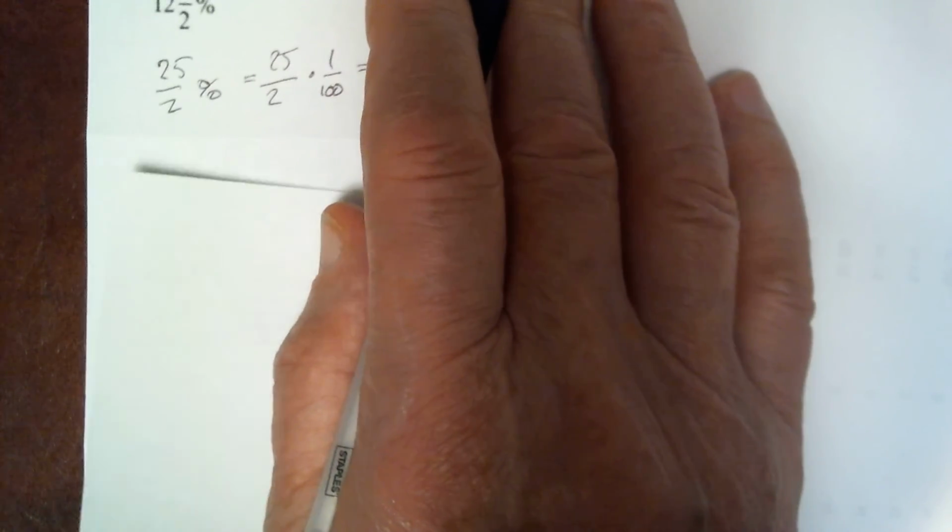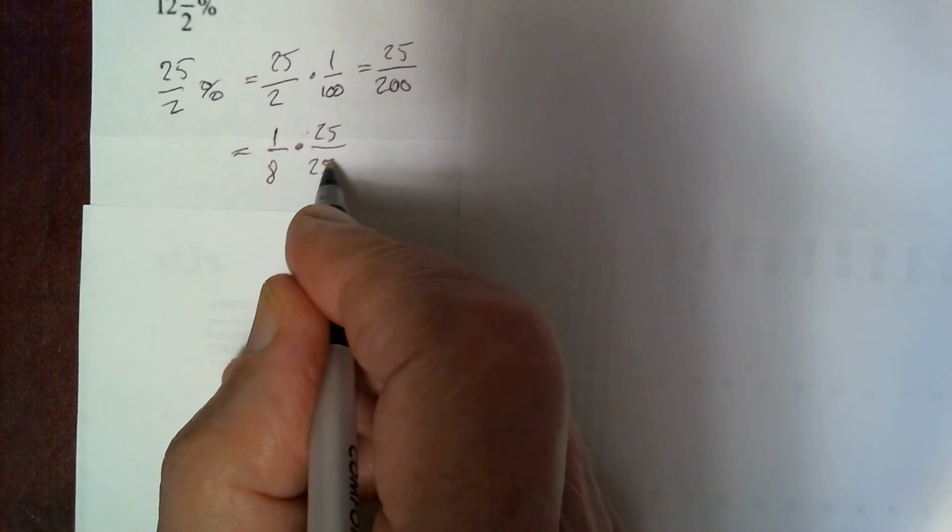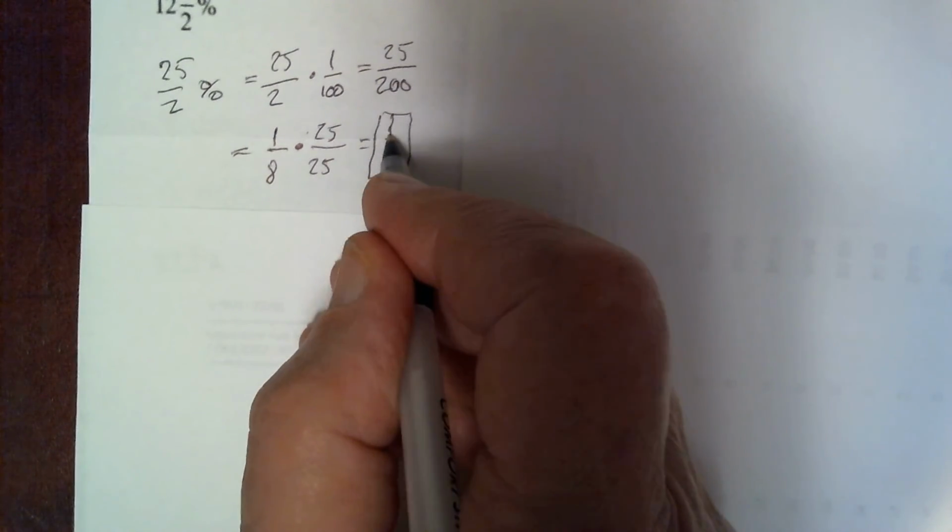So we can rewrite 25 as 1 times 25, and 200 we can write as 8 times 25. Of course, 25 divided by 25 is 1. Therefore, the final answer is 1/8, or 1 divided by 8. So 12.5% is the same as 1/8.